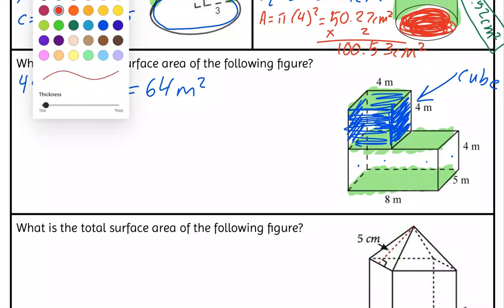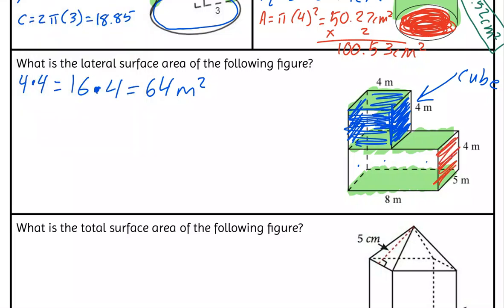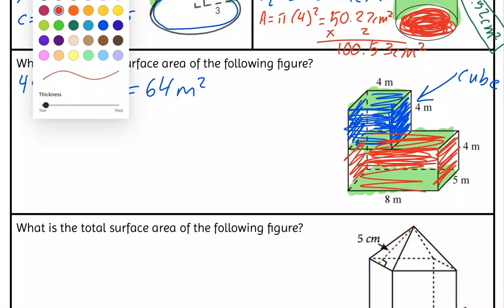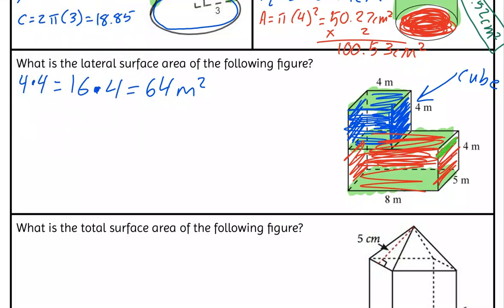So now I need to find the areas of this side, the back side way back here, this side, and the front side. So first things first, let's find the area of this side right here.